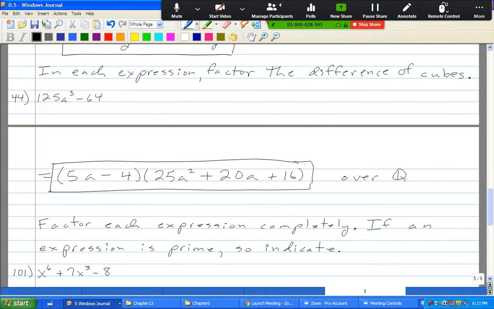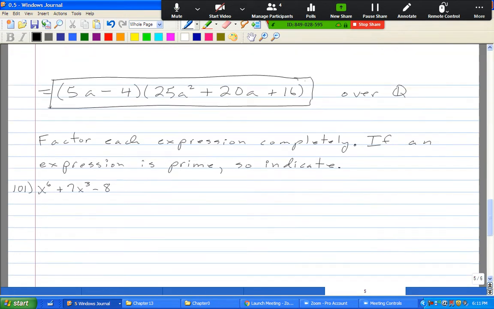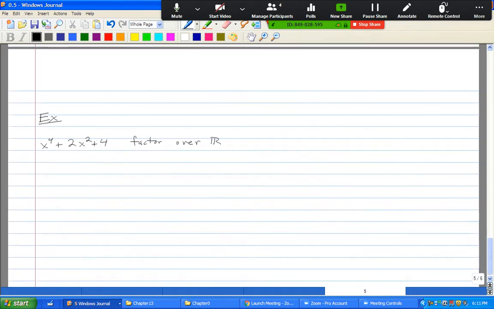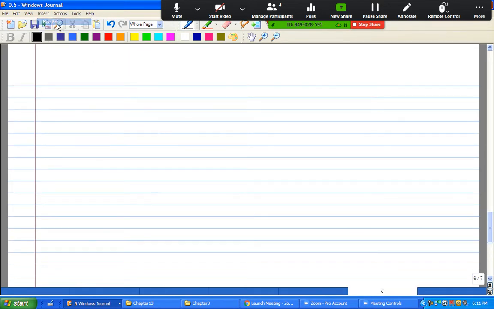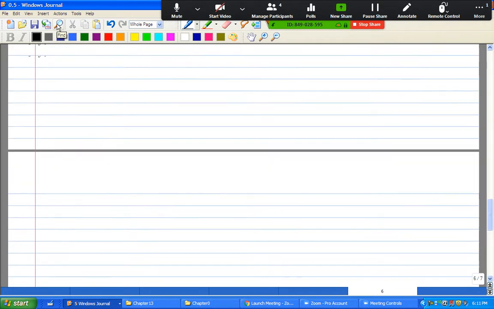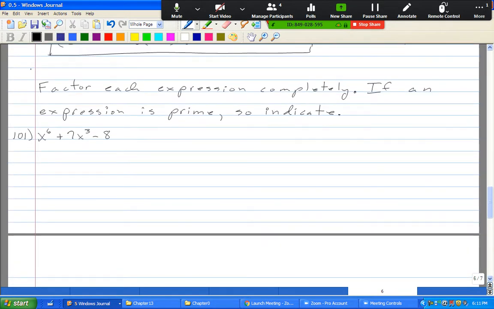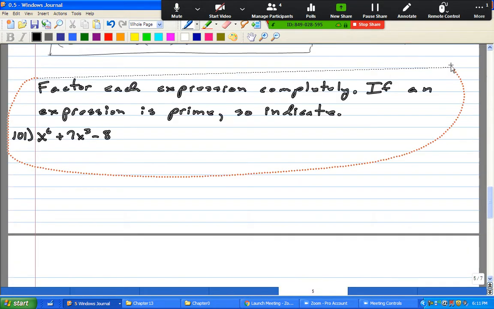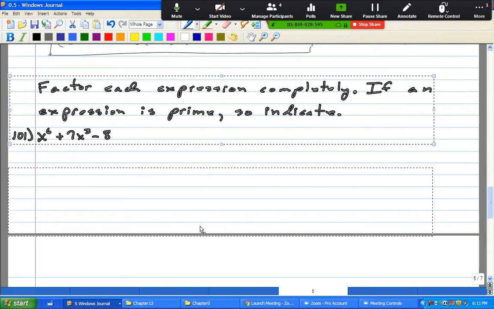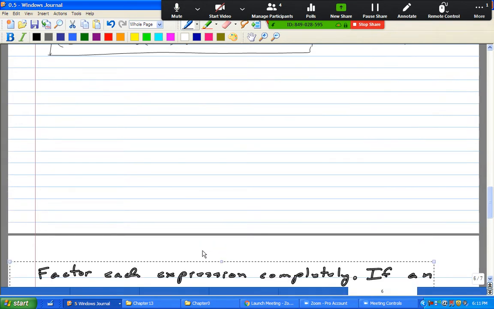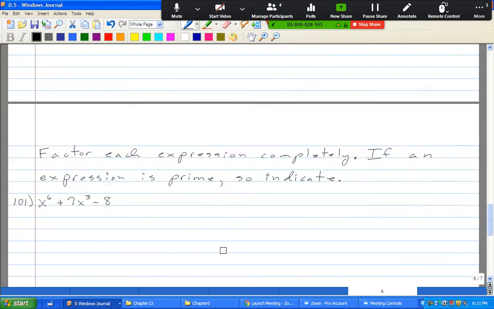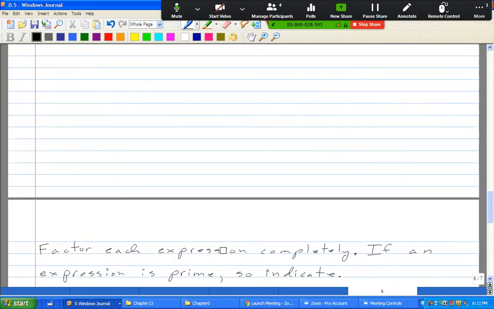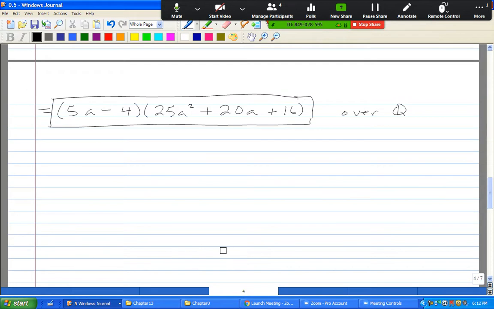Actually, let me show you that this is factored completely. So let's just recall the discriminant.